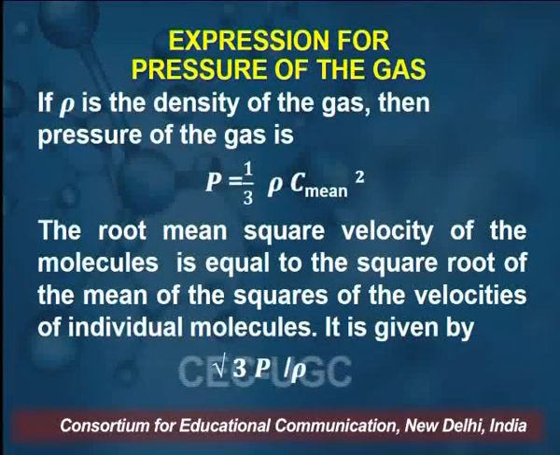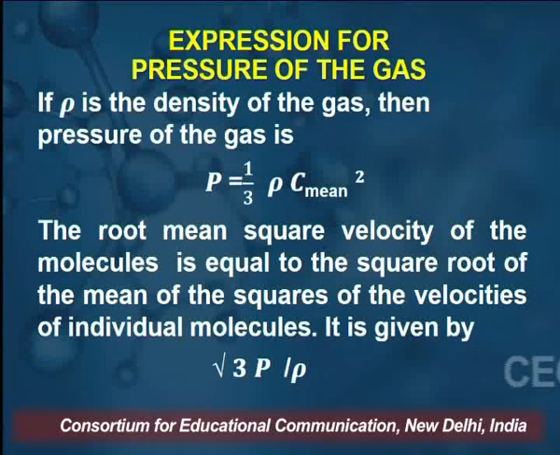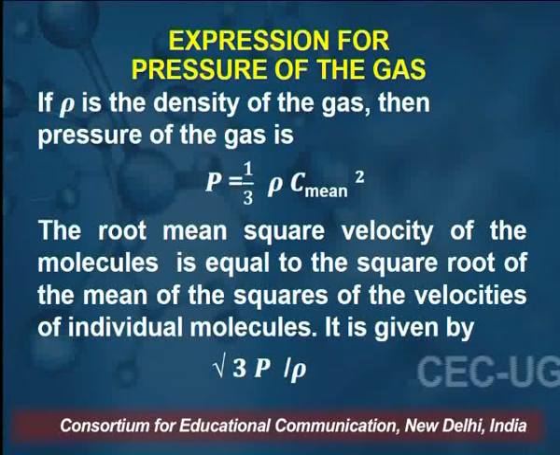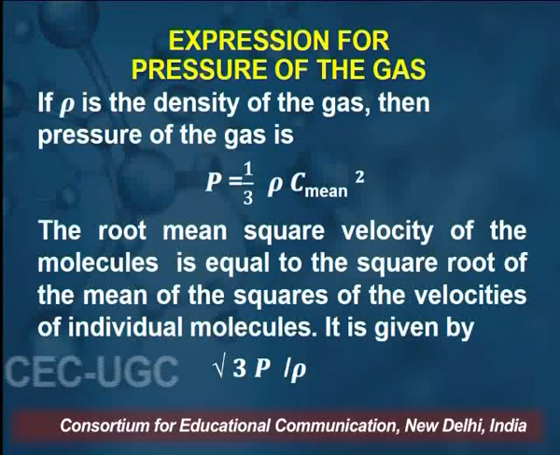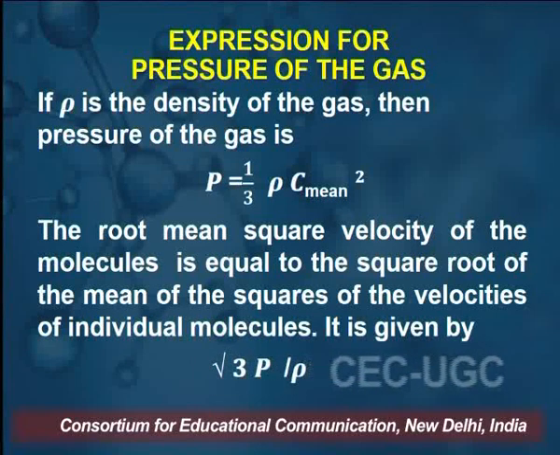Now let us write the expression for pressure in terms of density. If rho is the density of the gas, then the pressure of the gas becomes P is equal to 1 by 3 rho c mean square. The root mean square velocity of the molecules is equal to the square root of the mean of the squares of the velocities of individual molecules.